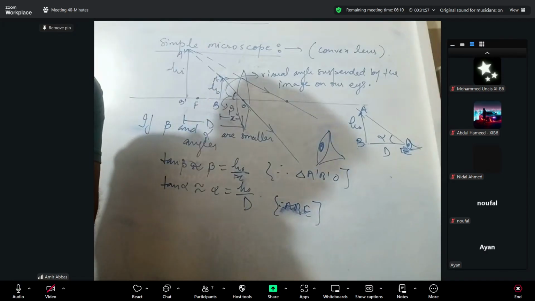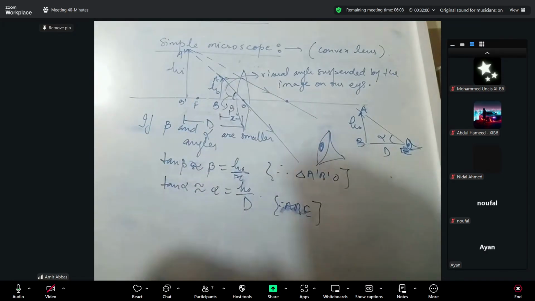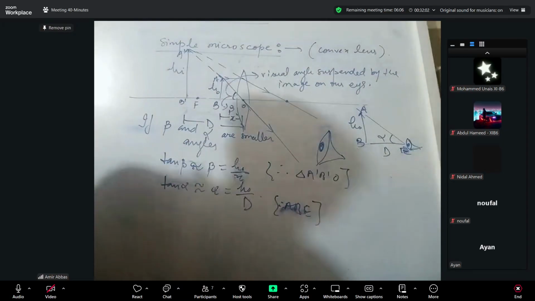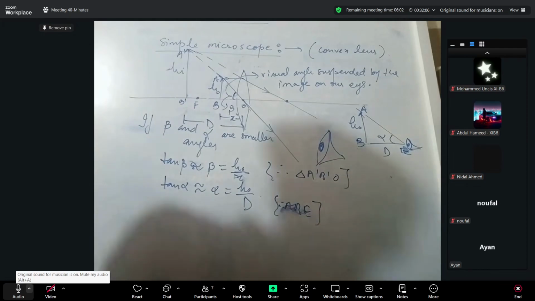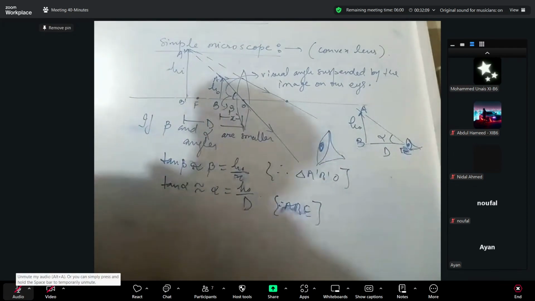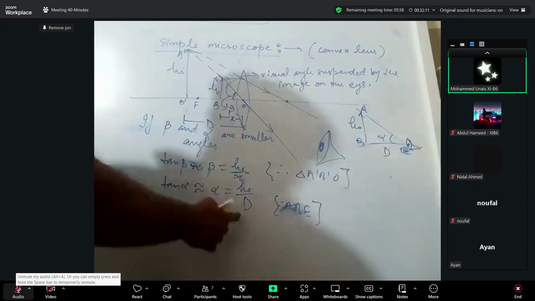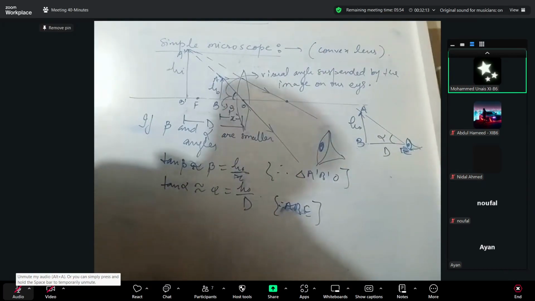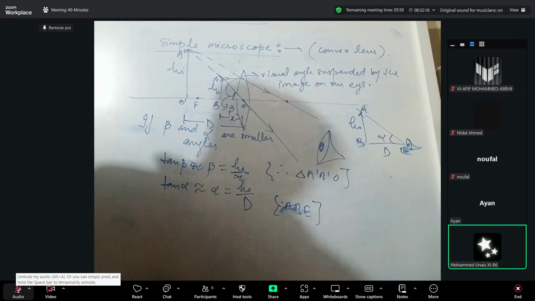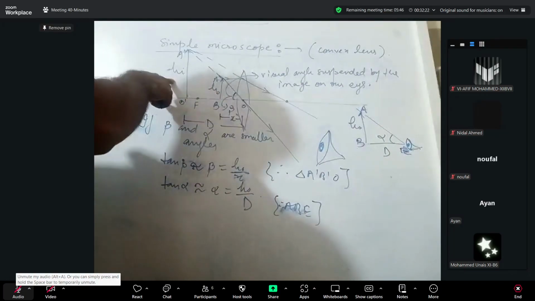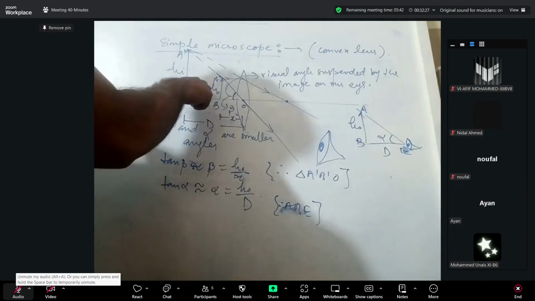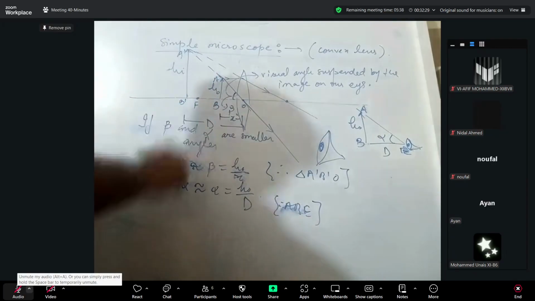Sir, in tan beta, is that the height of the image? In both, you can write the height of the image, so for the image it will come out to be hi over D, and for the object it will come out to be h naught over x.